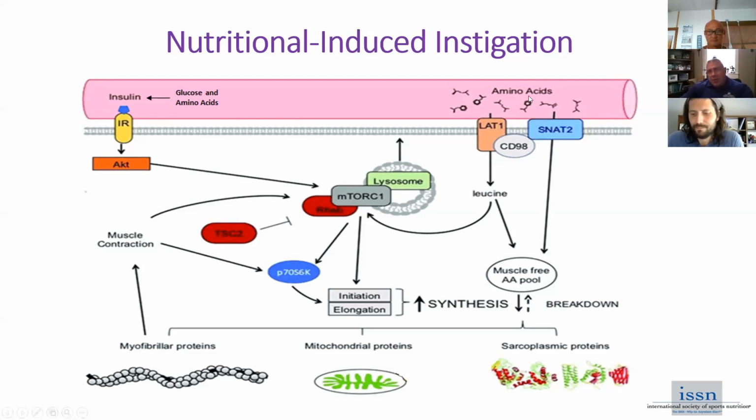Over here, we know that simply having protein in our diet and the amino acids from that protein, they all have specific amino acid transporters. And so they have the ability to enter the cell.